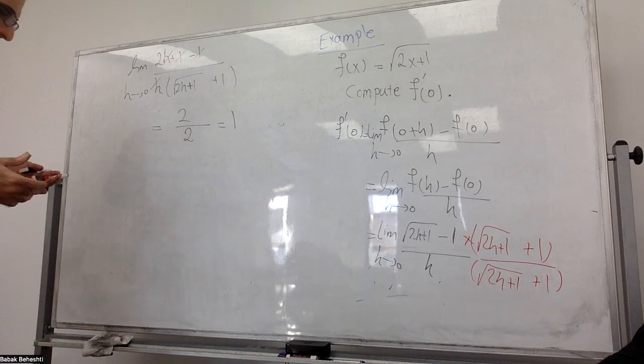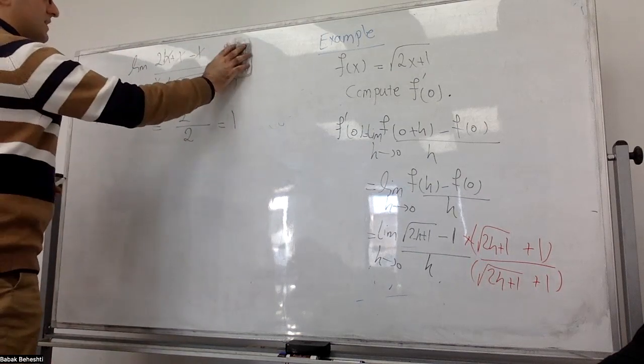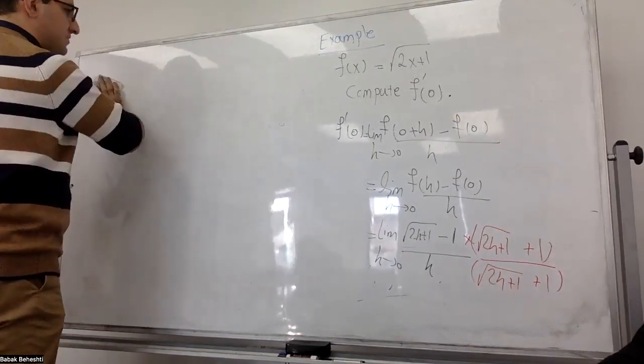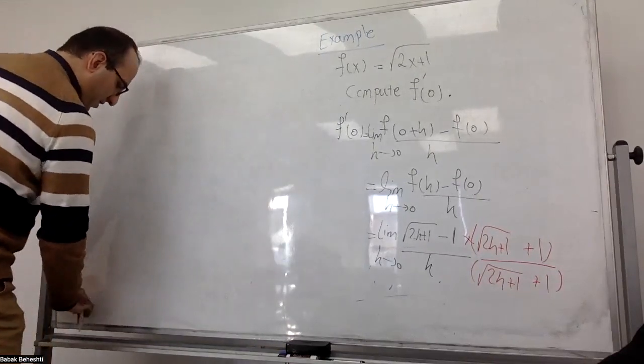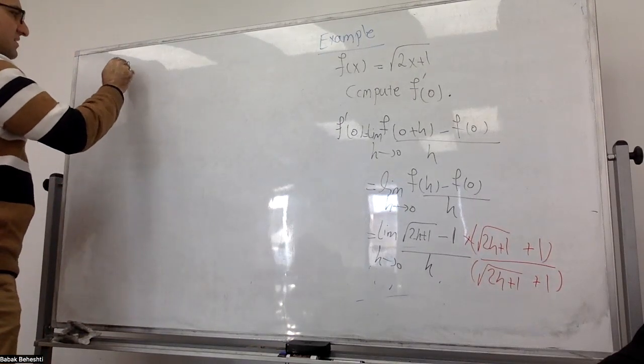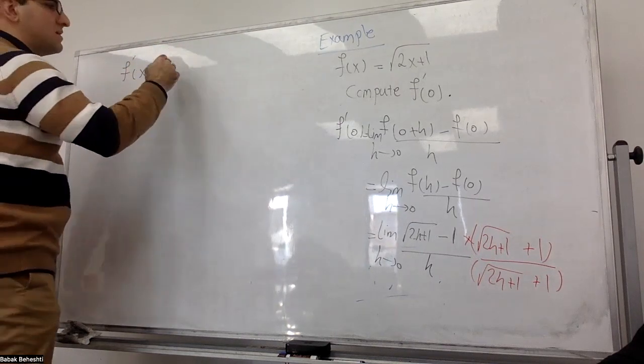So what does that mean? That means if you want to compute the derivative as a function, for a general x, like f prime of x, so f prime of x, by definition, is the same definition.